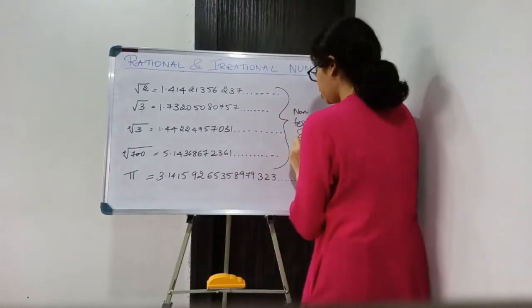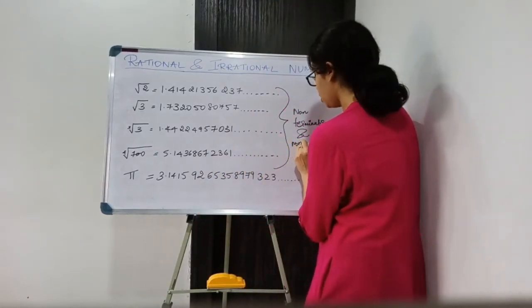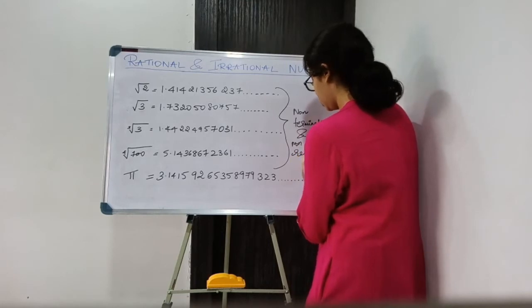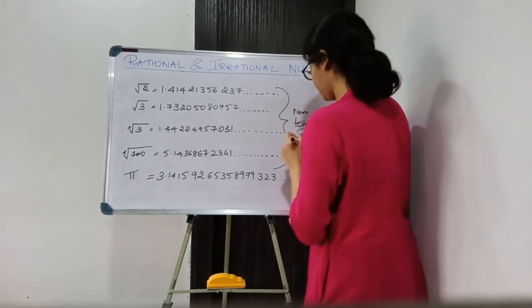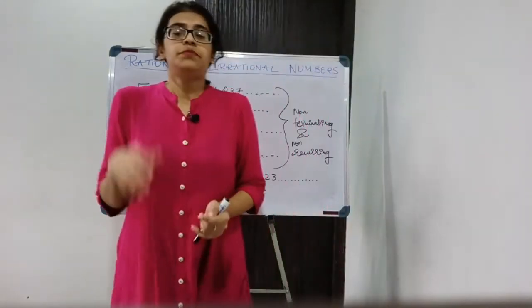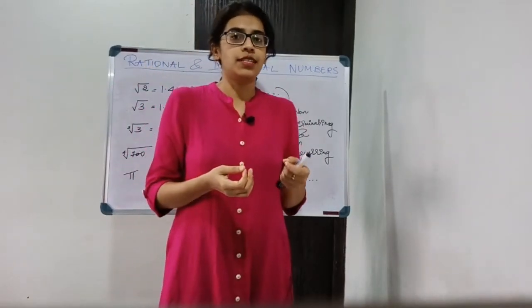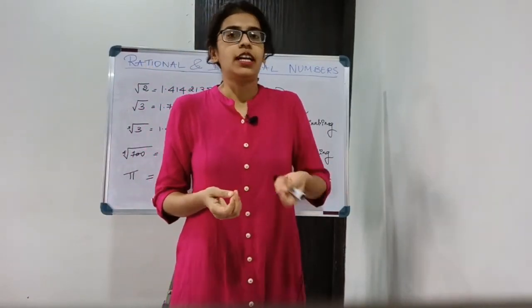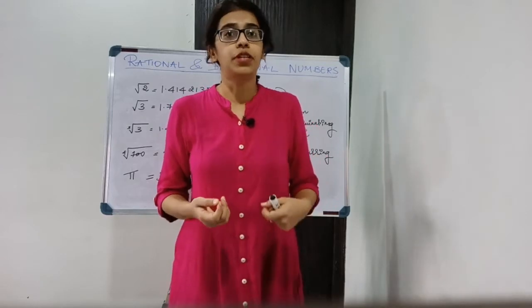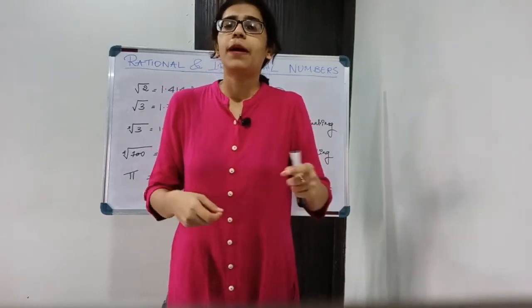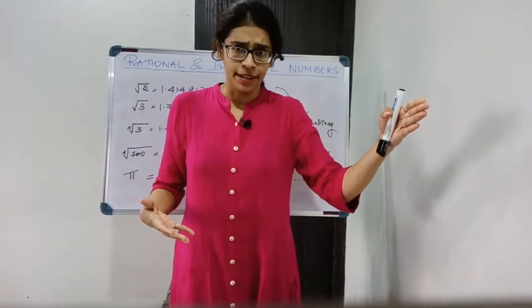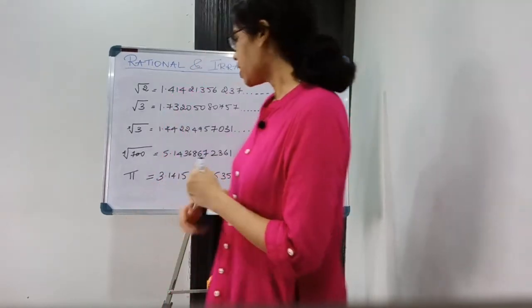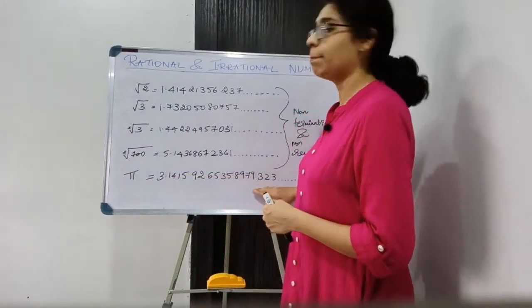So they are non-terminating and non-recurring. This means that irrational numbers are non-terminating and non-recurring numbers. They do not follow any definite pattern and they are non-ending. Alright? Considering the last example, pi.